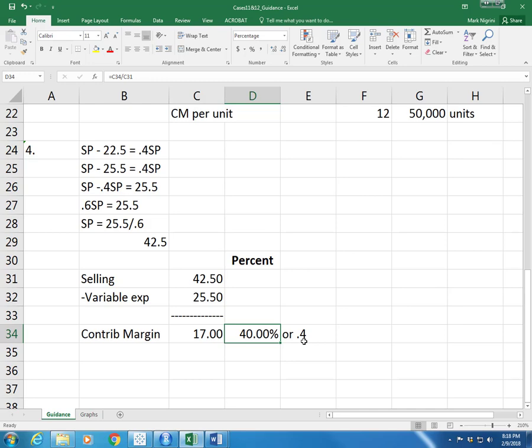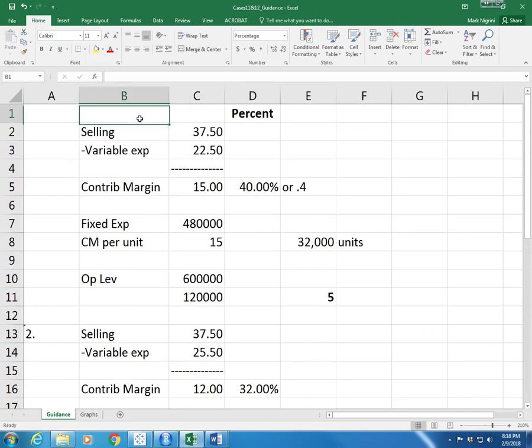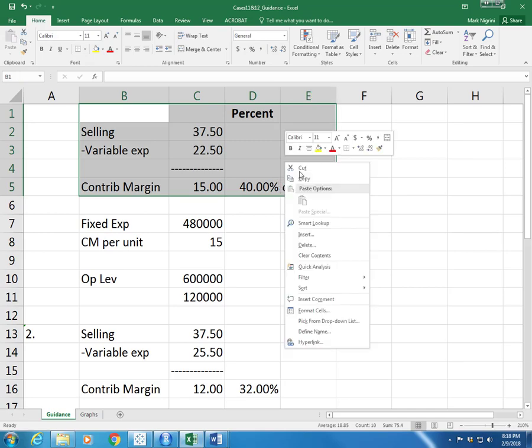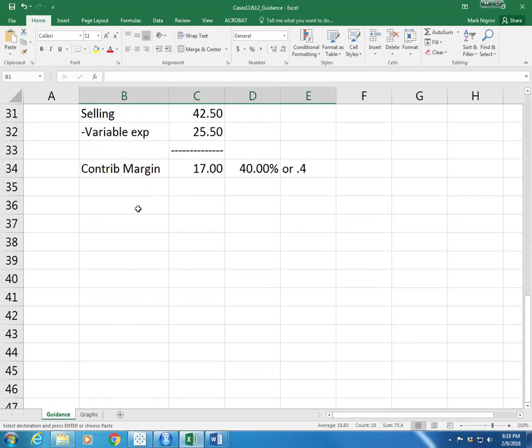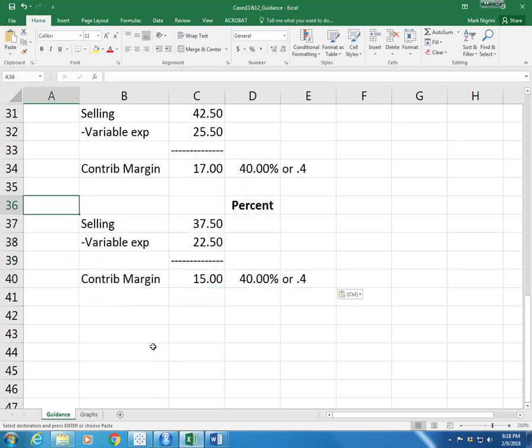Number 5, original data. New contribution margin ratio, new break-even point. So let's go up here. I'm going to do a paste, and we are going to answer number 5. So here we go. So now, new contribution margin, and then I can get the contribution margin ratio.